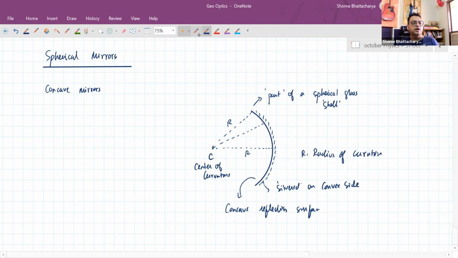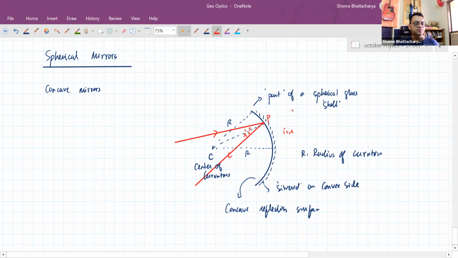Okay. So as we've discussed earlier, if you have any incident ray at any point, let's say like this, and after reflection, it will go off such that angle of incidence is equal to angle of reflection. So here this angle will become equal to this angle at whatever point of incidence.